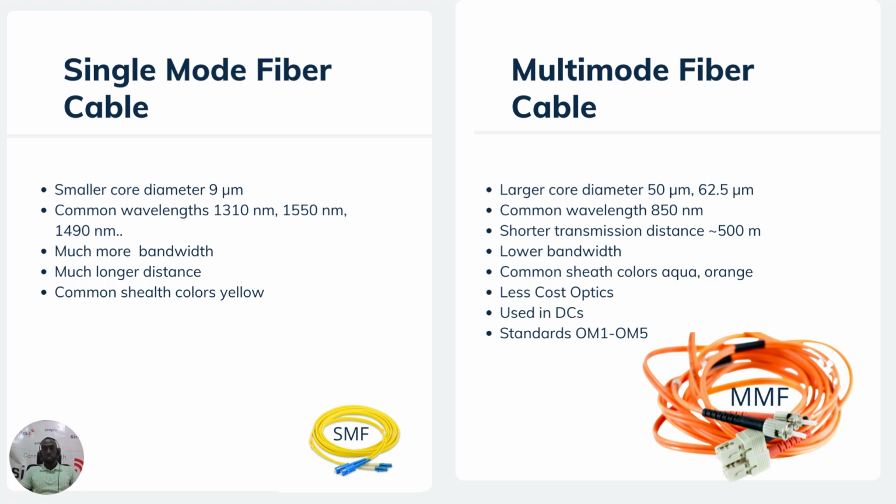So you typically find switch-to-switch connections over fiber being multimode. You find a lot of adoption in data centers for multimode fiber. And in terms of physical differentiation, sheath colors tend to be aqua or orange for multimode fiber.